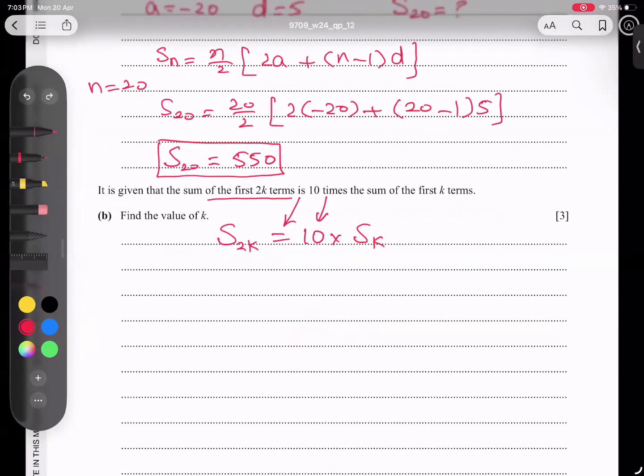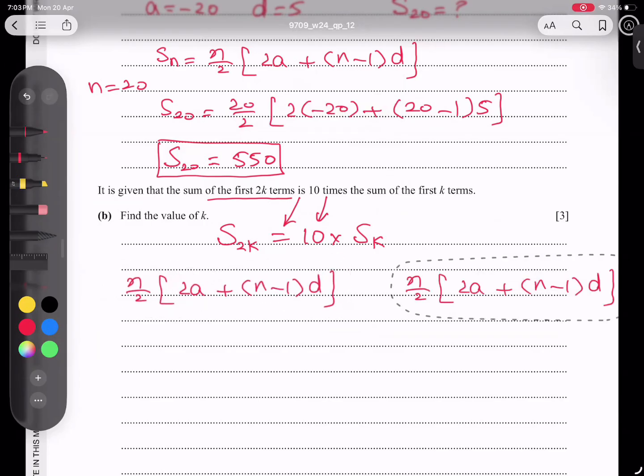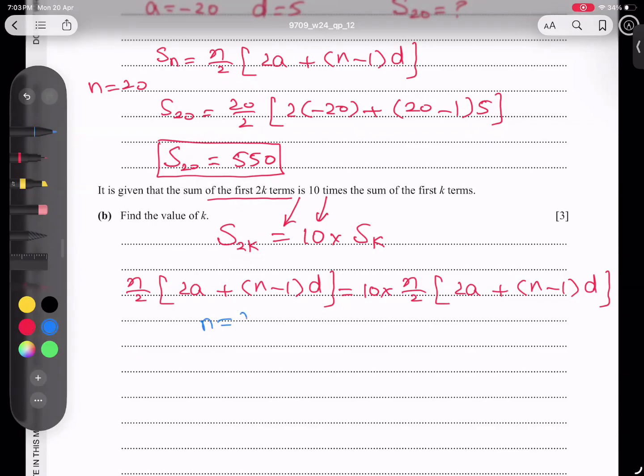This time I'm going to write the formula 2 times, once on the left side and once on the right side, and here 10 times. On the left side I replace every n by 2k, and on the right side I replace every n by simple k.